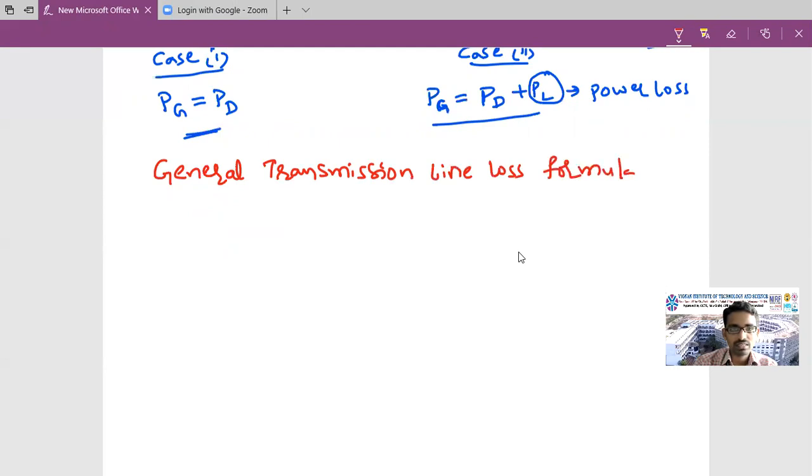So first we'll calculate the general transmission line loss formula, then we'll go for the economic dispatch or economic generation allocation including the transmission line losses. So here, let us consider the power loss.